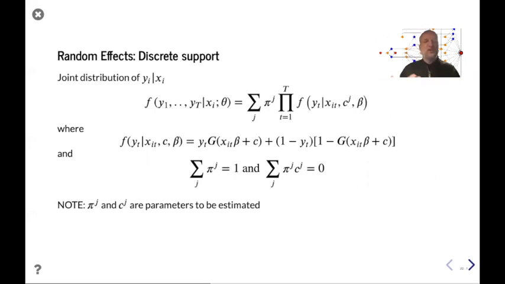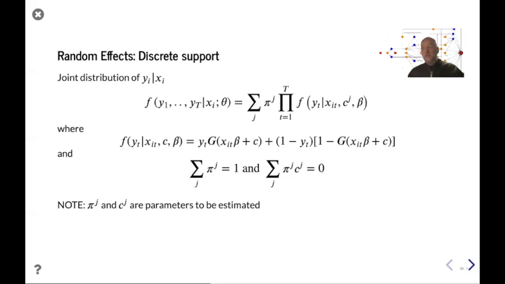So here's what is going on now. We assume now that C_i has a discrete distribution, so it can take only a finite number of values. Say it could take 5 different values with 5 different probabilities.